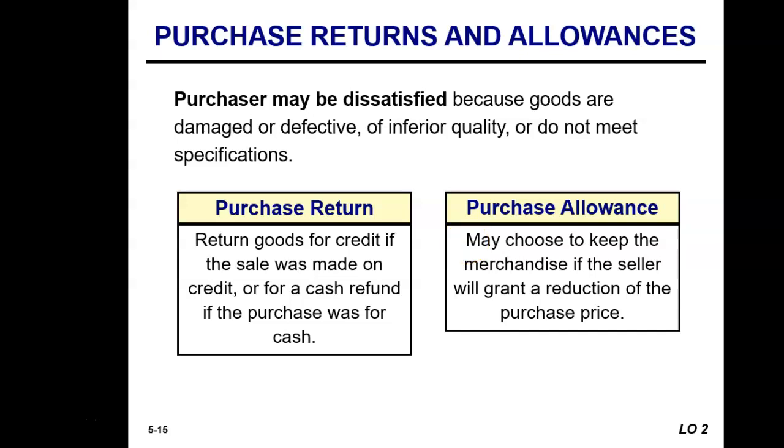It had a ding in it, it had a scratch on it, and you ask for a purchase allowance, which is a reduction from the seller of the original purchase price. So you're saying, yes, I'll keep this product, but because it was somewhat damaged, defective, irregular, I'm not paying full price for it. And if they give you a purchase allowance, that is a reduction from the original purchase price.